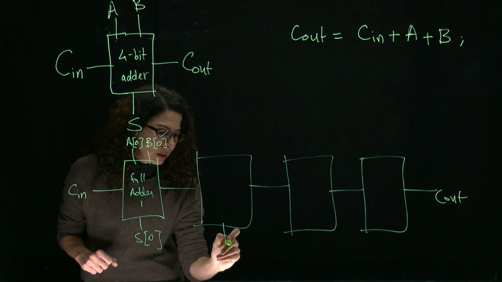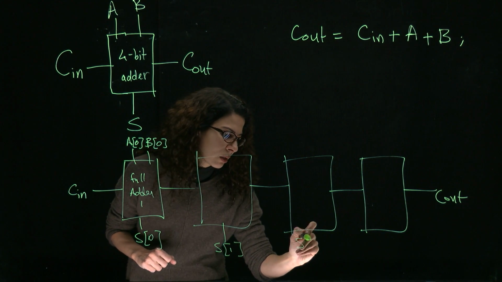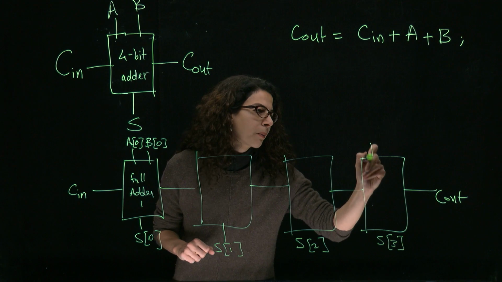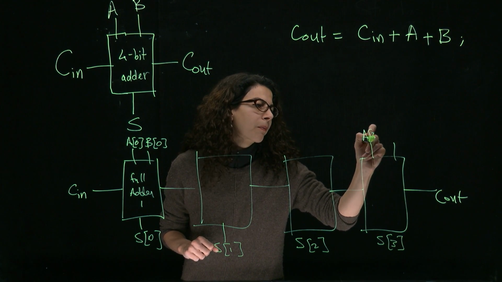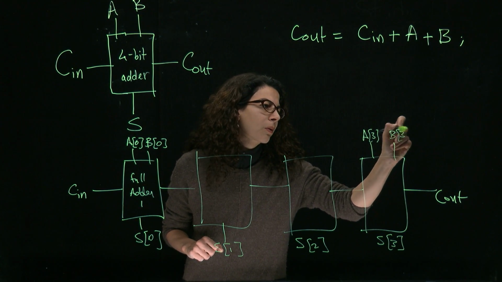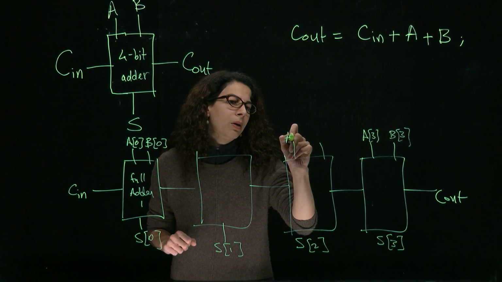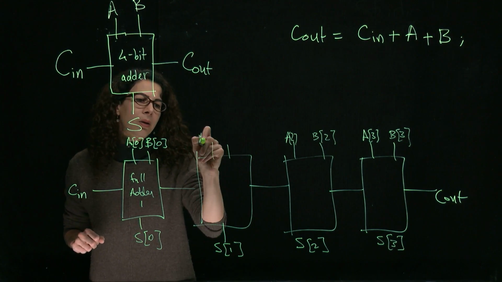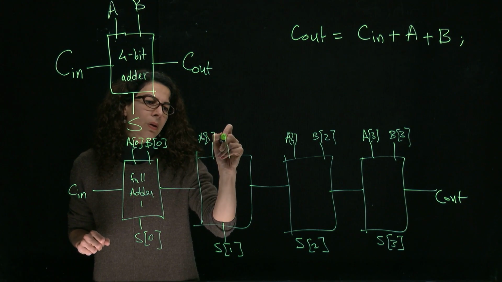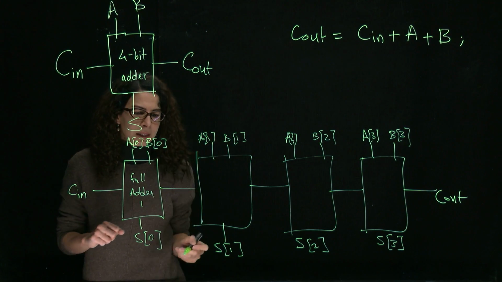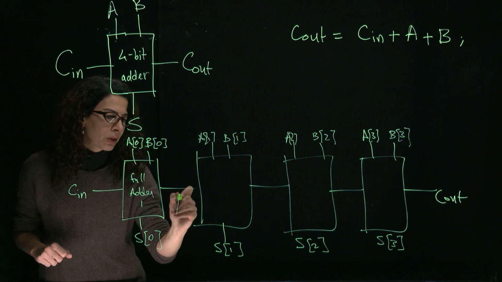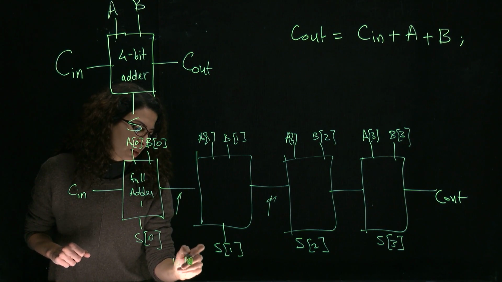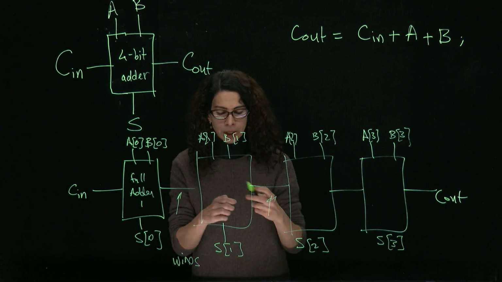And the sum bits here are S1, S2, S3. And I need to define new variables here, which are basically wires that are making this structural design possible.